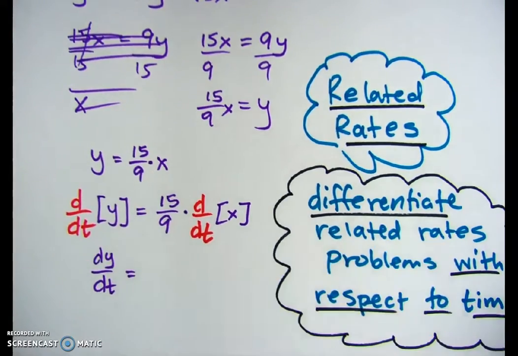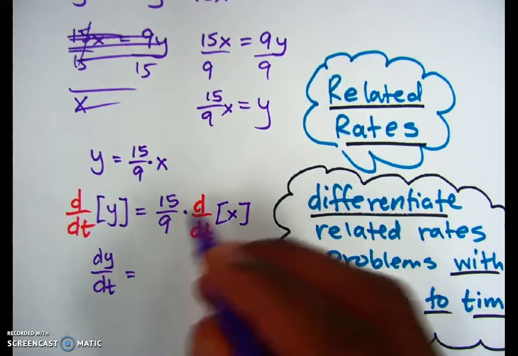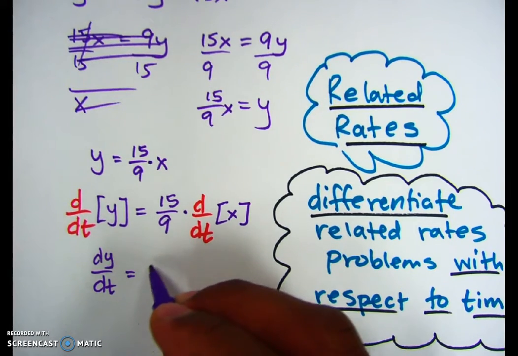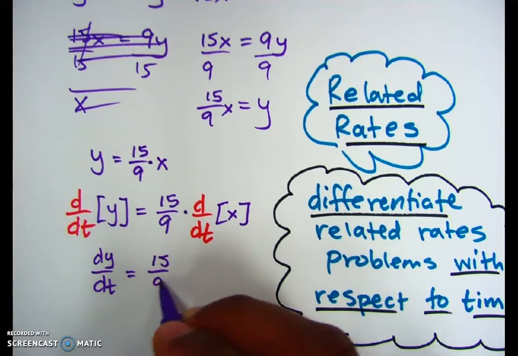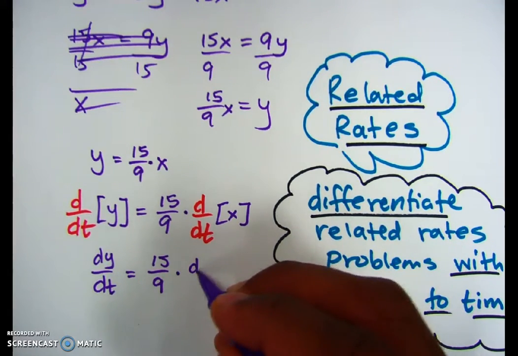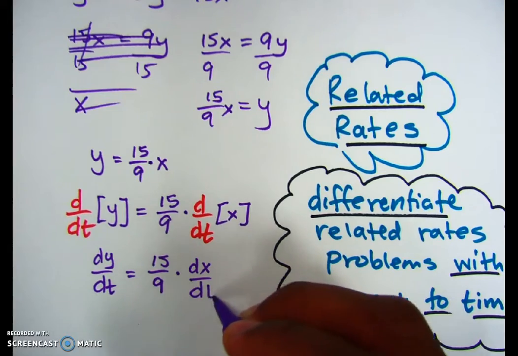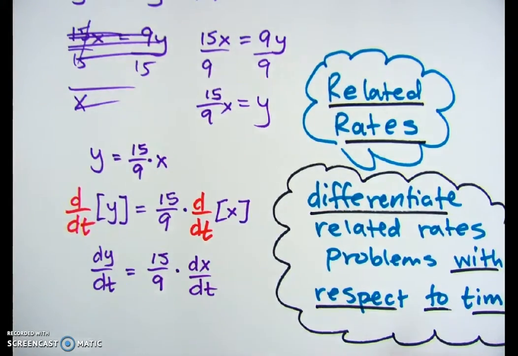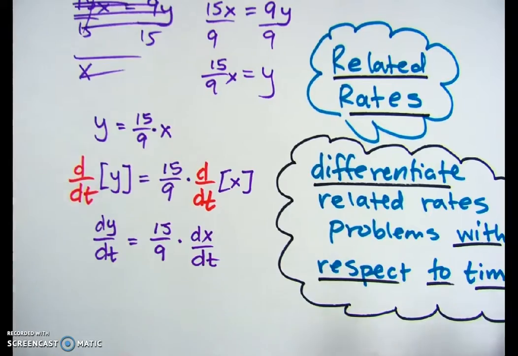So it's kind of like when we were doing implicit differentiation. This one is 15 over 9 times 1 times dx dt. Okay, so all we have to do is plug in the value for dx dt and we are done.